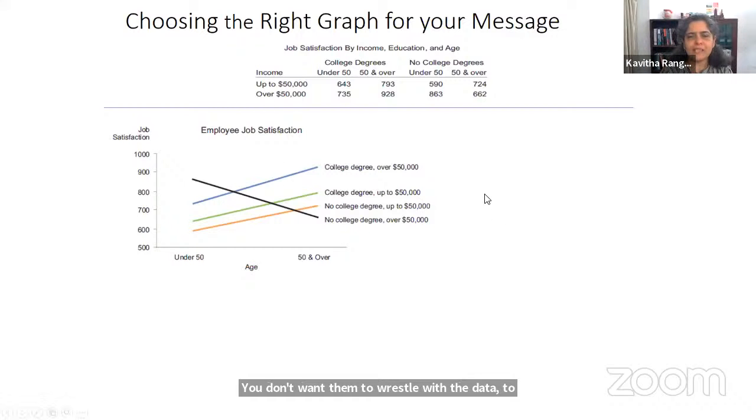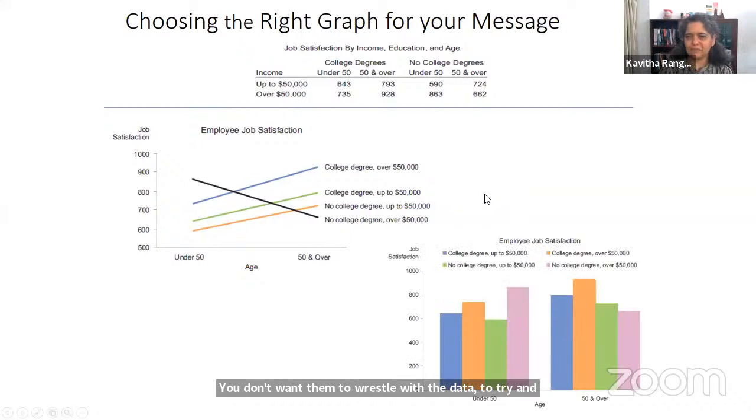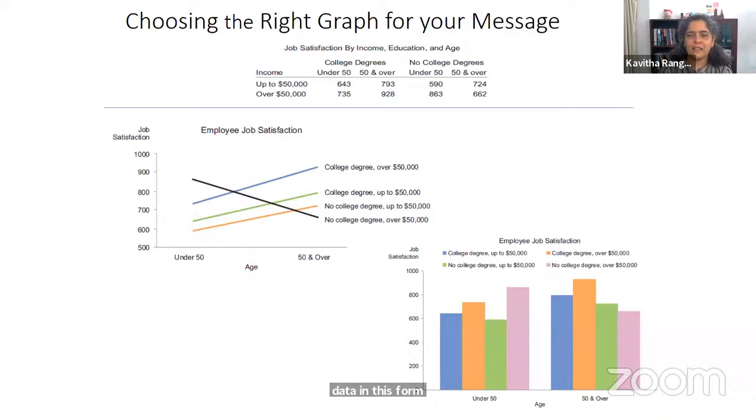So suppose I've shown you the same data in this form as clustered bars. Is the insight as evident in this one? Now you have to work for it, right? So now you have to be able to compare these individual bars and say, okay, this is increasing, the orange bar is increasing, the green bar is increasing, but the pink bars are decreasing.